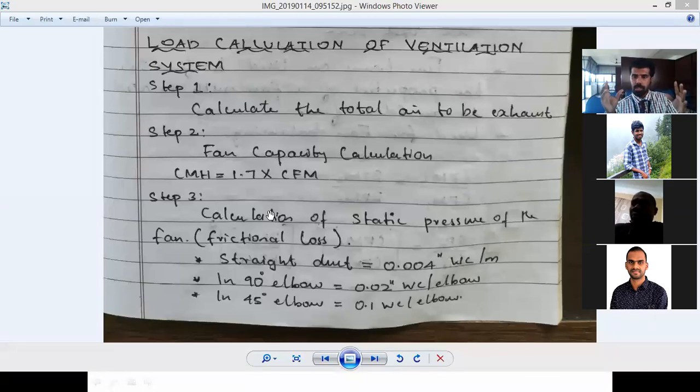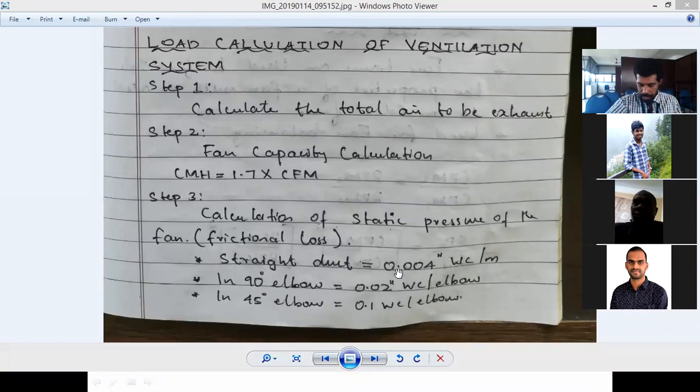It will oppose, or you can call it static pressure. So in that case, you have to calculate the static pressure or the friction loss also. When you are choosing an exhaust fan, you have to know the static pressure as well as the CMH or CFM value.